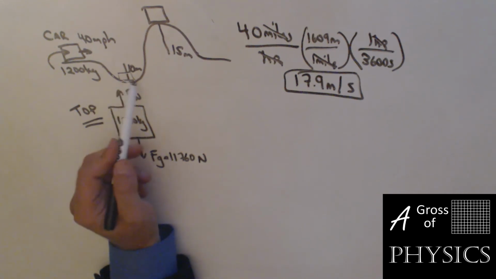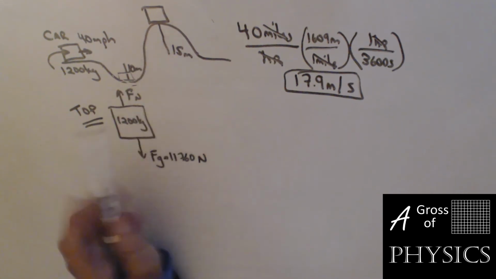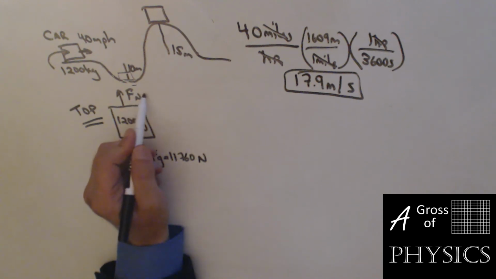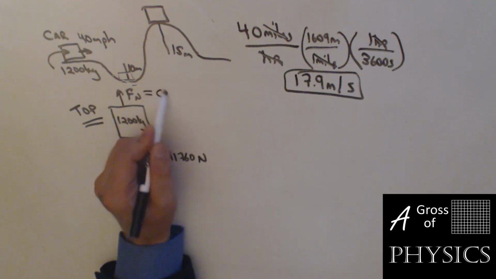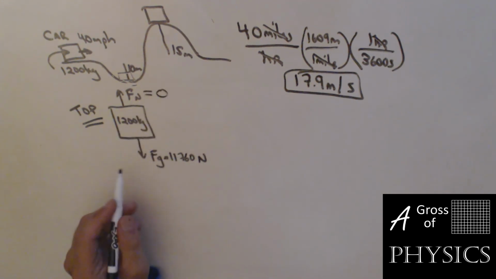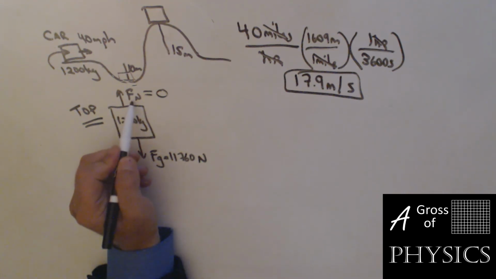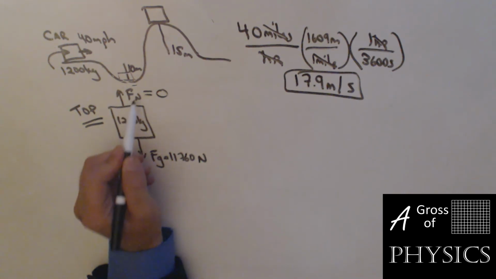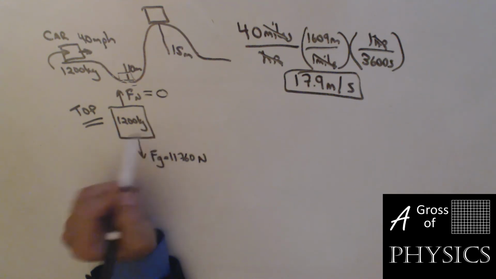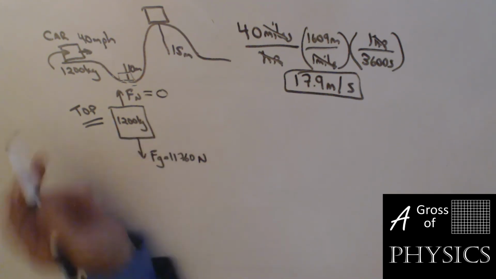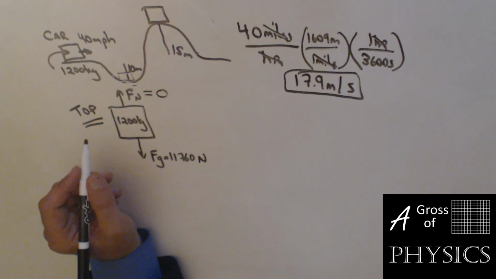Well, if an object is approaching this point and then starts to fly off the ground, that means the normal force approaches zero. So if we calculate the speed at which Fn is zero, then anything less than that will be safe, and anything greater than that will be dangerous.